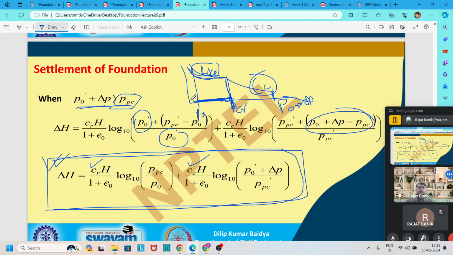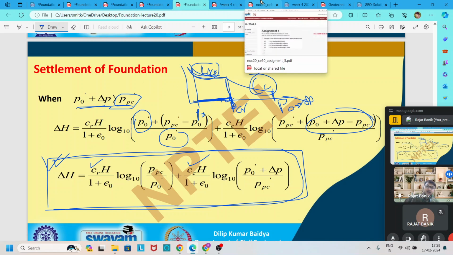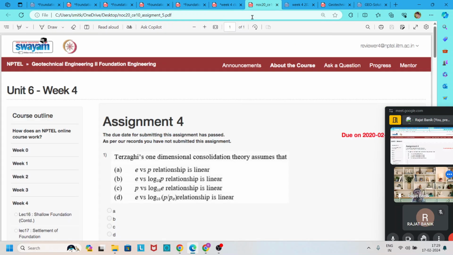Now we try to solve our assignment problems. These are previous year assignment problems. Here we try to solve the 2020 assignments. So now we one by one try to solve these assignment questions.